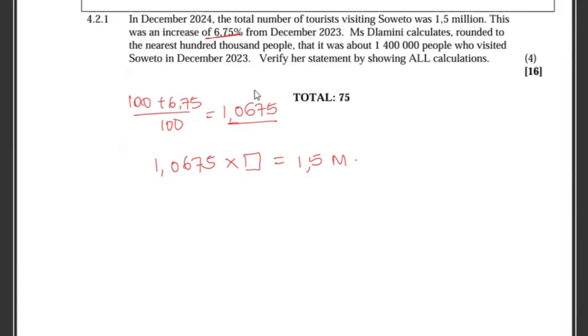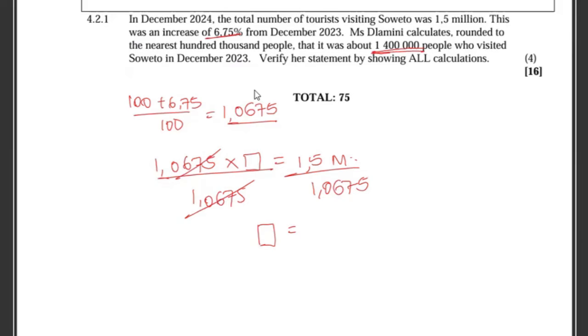So we need to calculate and get how much it was before, saying to the nearest, and she claims that it was this much. So what are we going to do? We shall need to divide through by 1,0675. I've not included the 6 zeros. I'm looking for the number. So whatever number I get, it will be in millions.